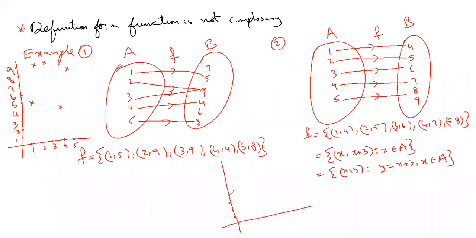Now I can have the arrow diagram for it. 1, 2, 3, 4, 5, 6, 7, 8, 9 and 1, 2, 3, 4, 5, 6, 7, 8, 9. 1 to 4, 2 to 5, 3 to 6, 4 to 7, 5 to 8.